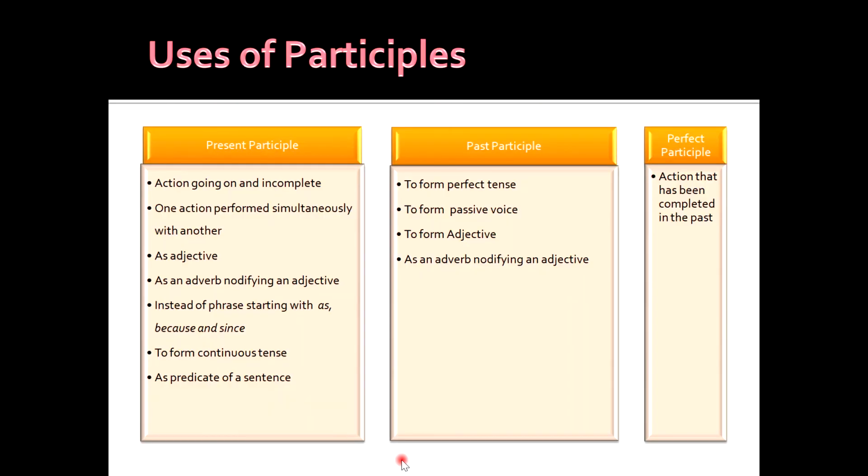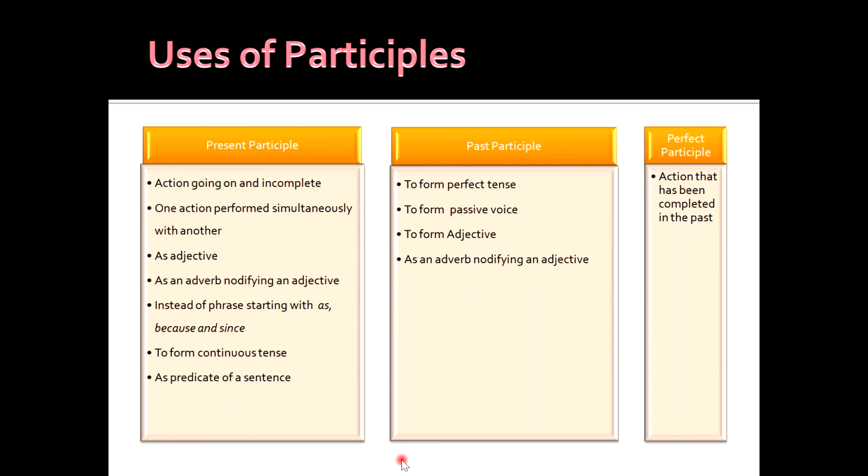Now uses of participles. The present participle, or the ing form, is used to convey actions going on and incomplete. Examples are I see a deer running across the garden. I am now seeing it and the deer is going on running.